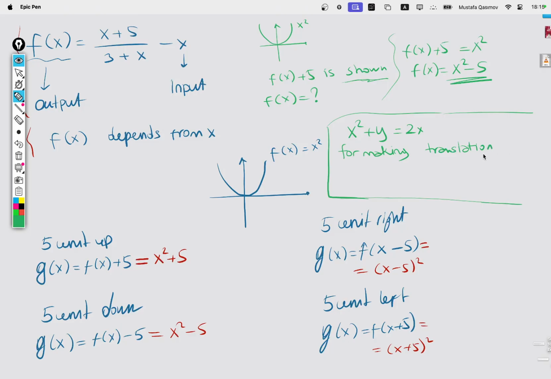You must convert the equation to y is equal to something. So you cannot do transformation here. You have to write it like that. y is equal to 2x minus x squared. Is it clear?